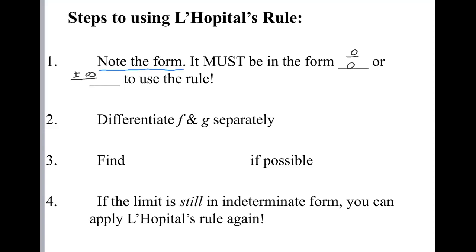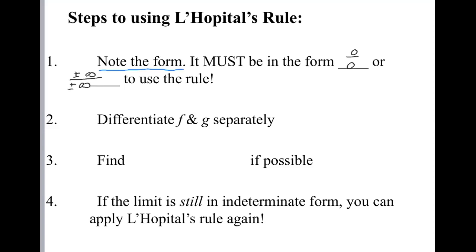That was not stated when I wrote down the rule for L'Hopital's rule, but it actually works the exact same way as the 0 over 0 form, but it does not work in a different indeterminate form, which we'll talk about in a bit.